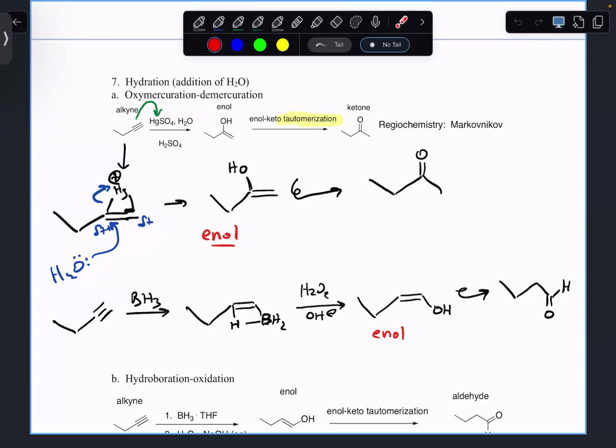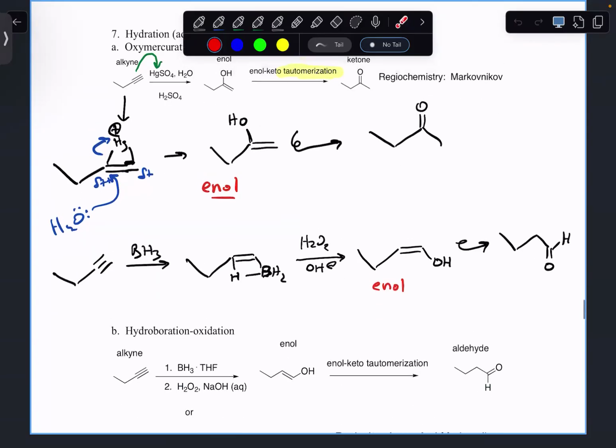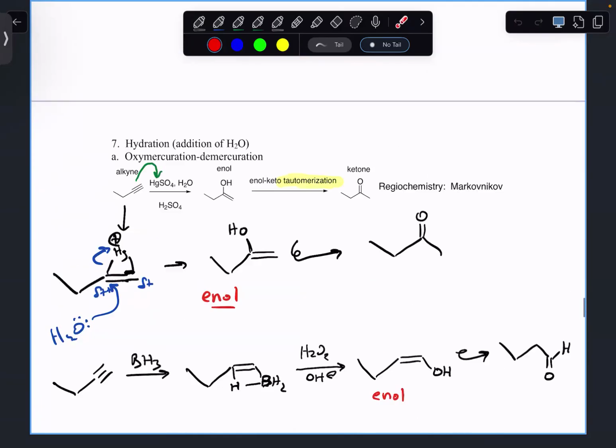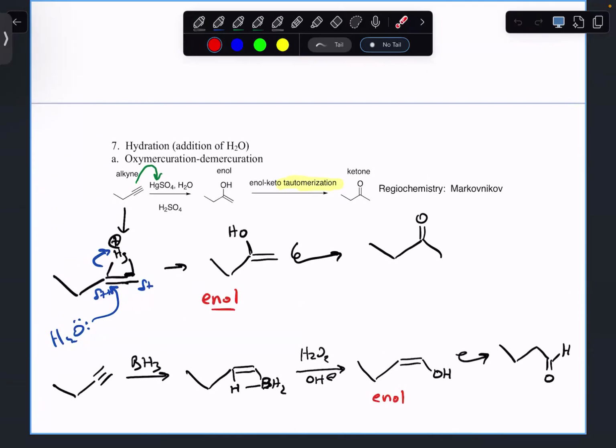All right. This is where we stopped last time, and this was the hydration of alkynes. Now, mechanistically, it's identical to the hydration of alkenes, right? You can do this Markovnikov in order to get the OH of the water in the Markovnikov position using mercury, just like you did with alkenes.